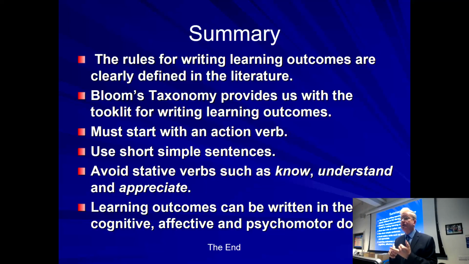And you can have more than one action verb in a learning outcome. Avoid the status verbs, and we've seen that from Bloom's taxonomy, he provides us with the toolkit to write learning outcomes both in the cognitive, the affective, and the psychomotor domain.